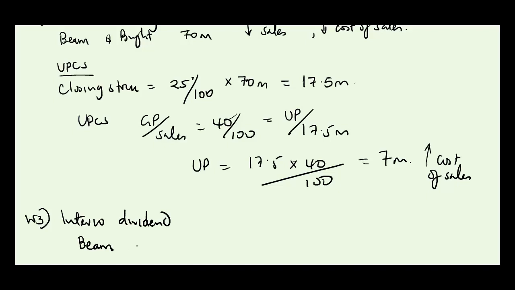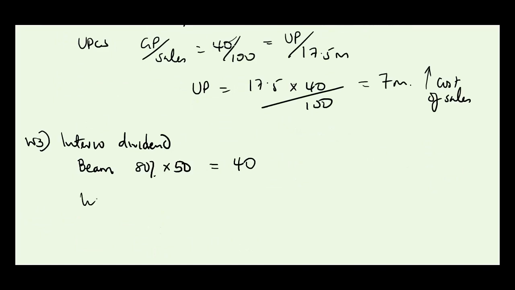So for Beam, it gives you 40, and the one for Light, so these ones we need to deduct them from our investment income.